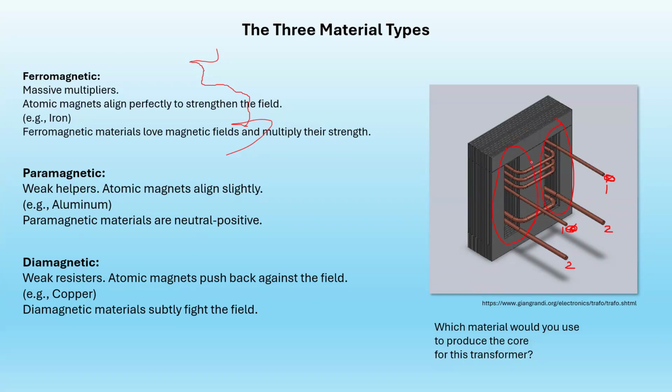It's going to go back and forth because it's AC, so I'm not drawing any arrows on those lines. And if we use that as a helper to guide as much of a concentration of the magnetic field, then we're going to have something that's called an efficient transformer.